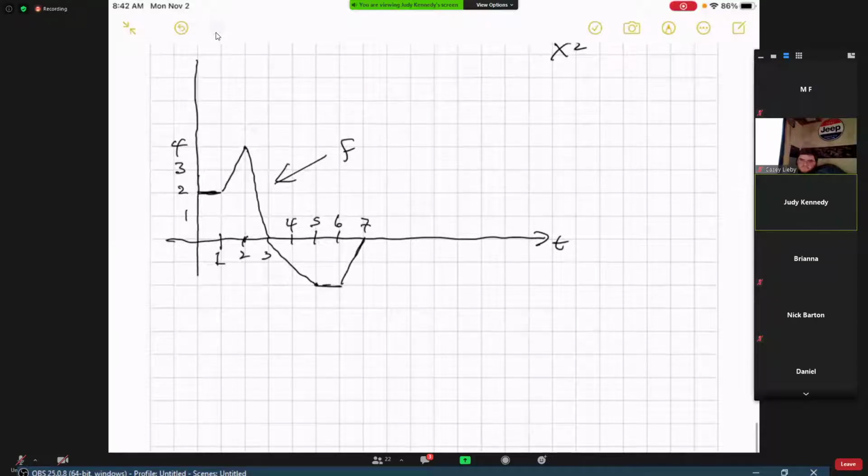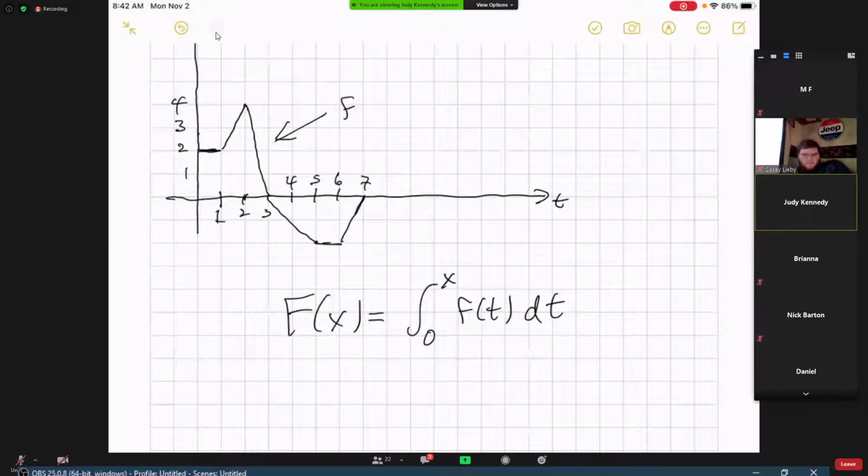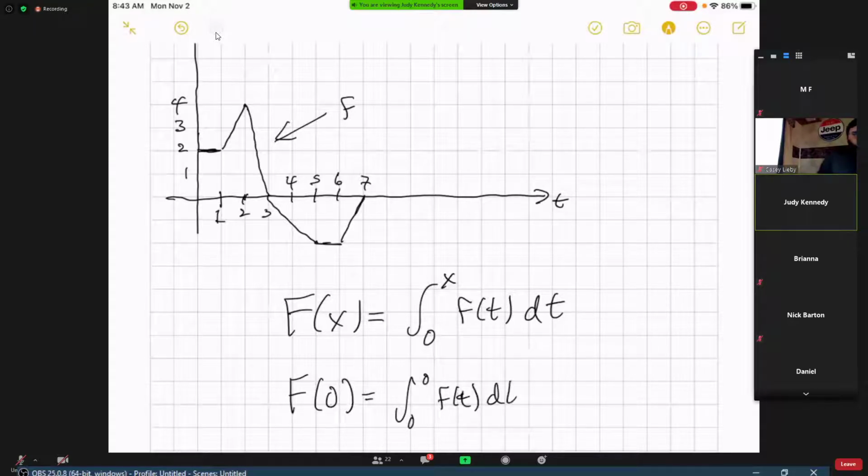I'm going to define capital F to be the integral from 0 to x of f of t dt. So F of 0, what's that equal to?